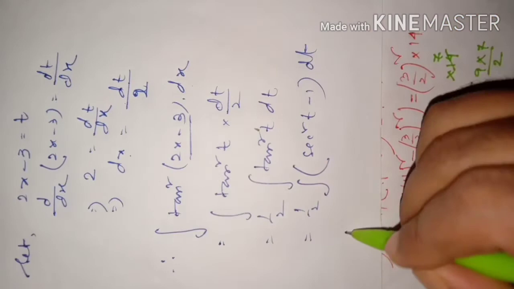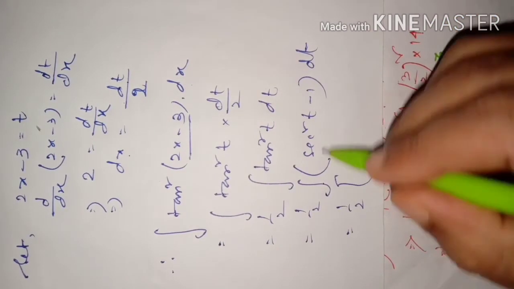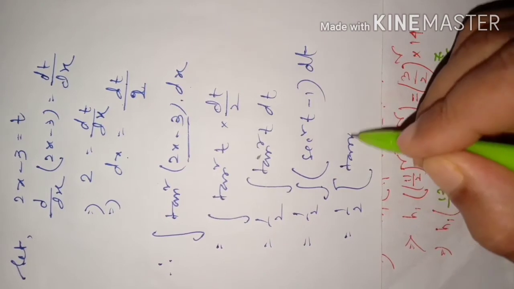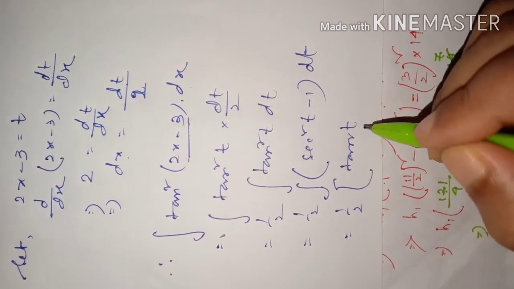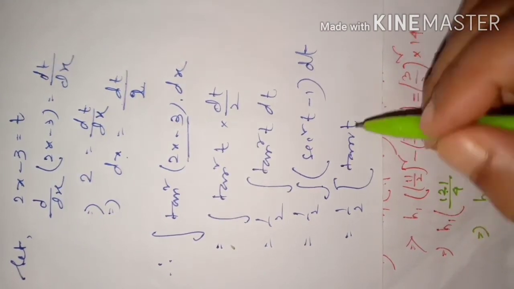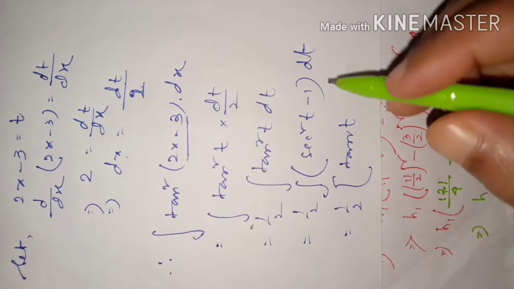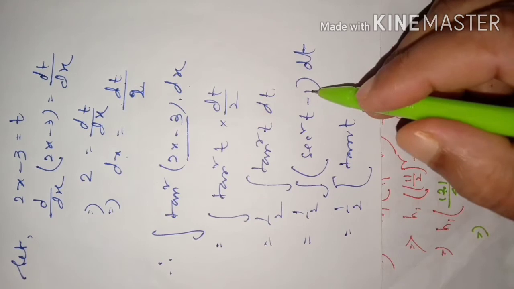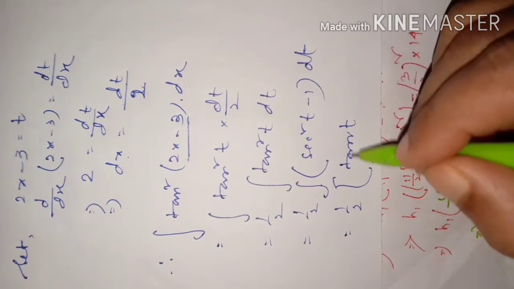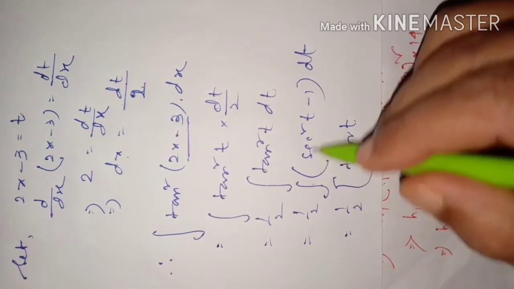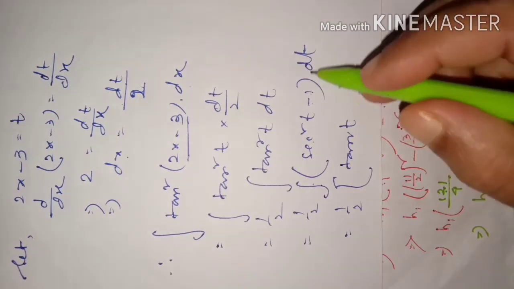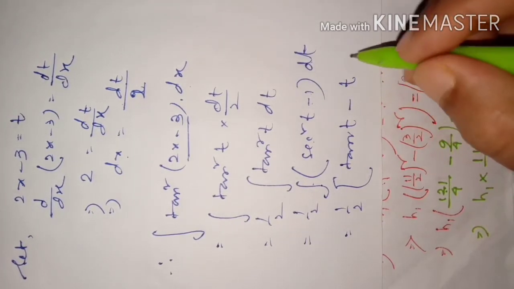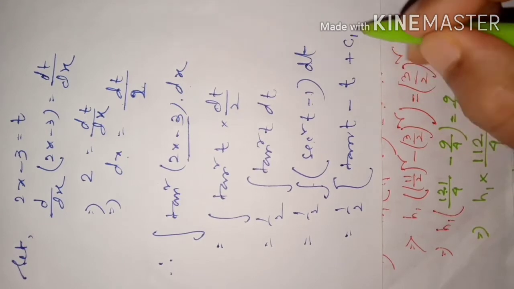After that, half, then integration of sec square is equal to tan t, because tan's derivative is sec square, tan t, and this integration of just dt, because it is minus dt, no? So you can think like this also, integration of sec square t minus integration of dt, that is equal to t plus c, or say c1.